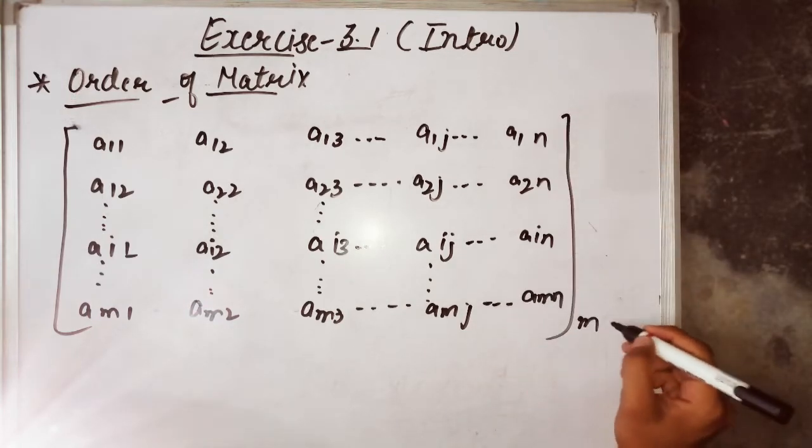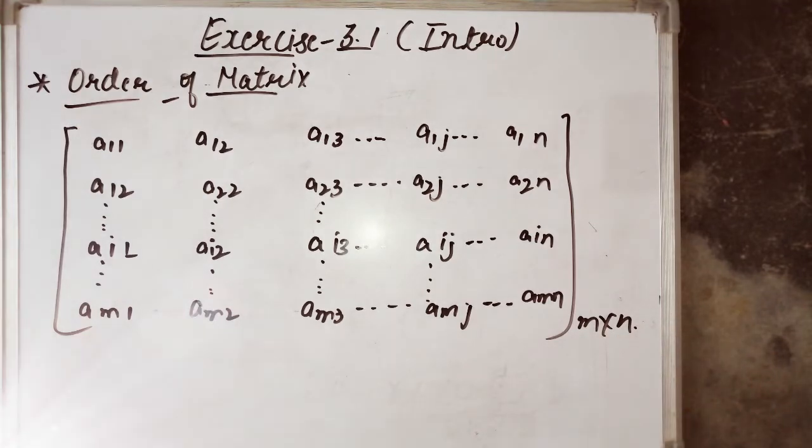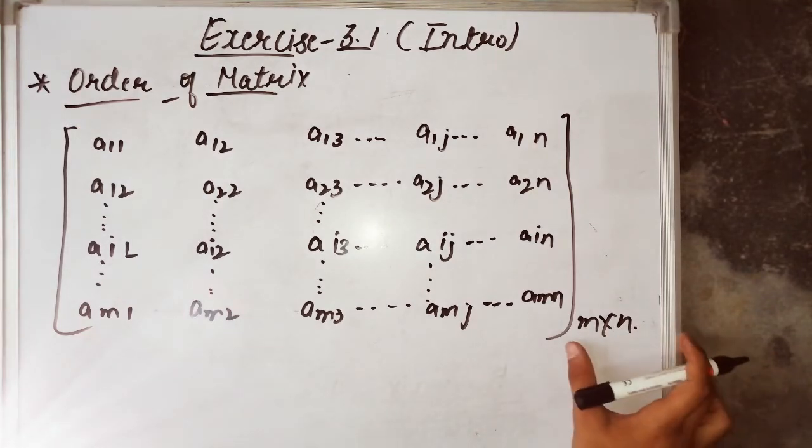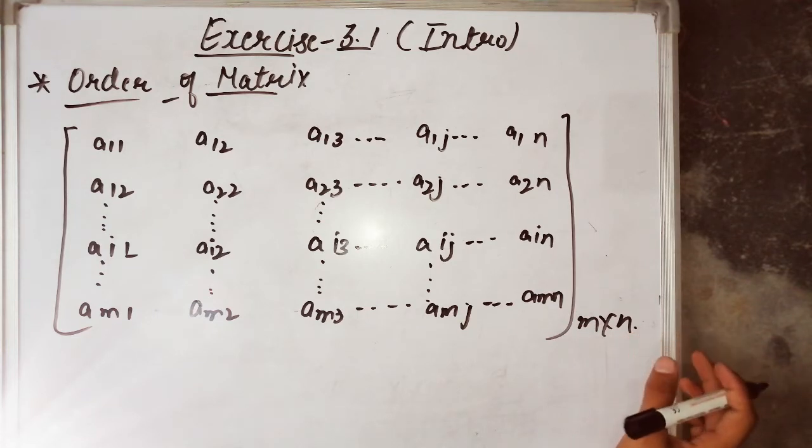This is the matrix of order m cross n, which means that this matrix has m number of rows and n number of columns.